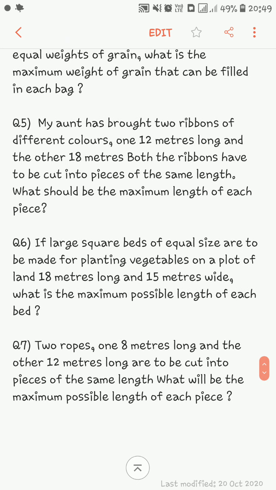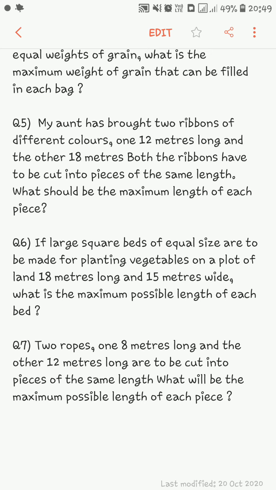Let's do question number 6. If large square beds of equal size are to be made for planting vegetables on a plot of land 18 meters long and 15 meters wide, what is the maximum possible length of each bed? This question can confuse you in the exams because it says it is related to meters long and meters wide, but you don't have to get confused.